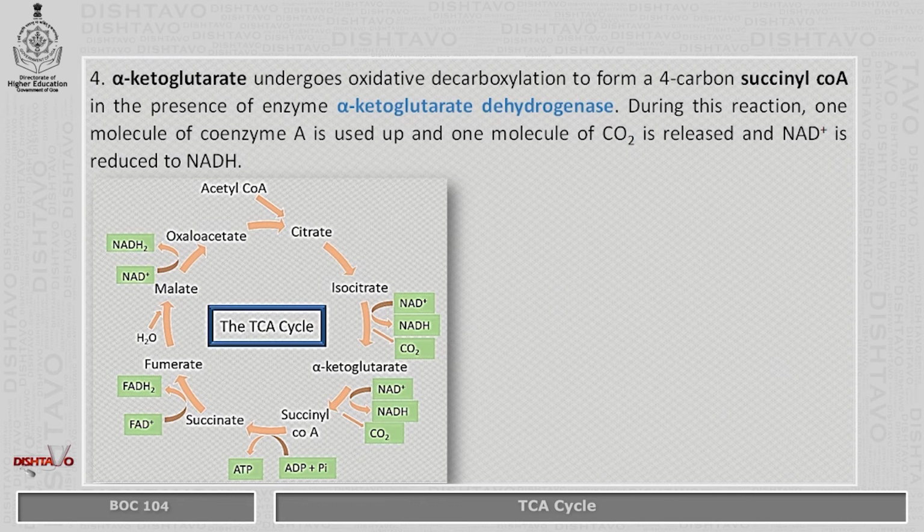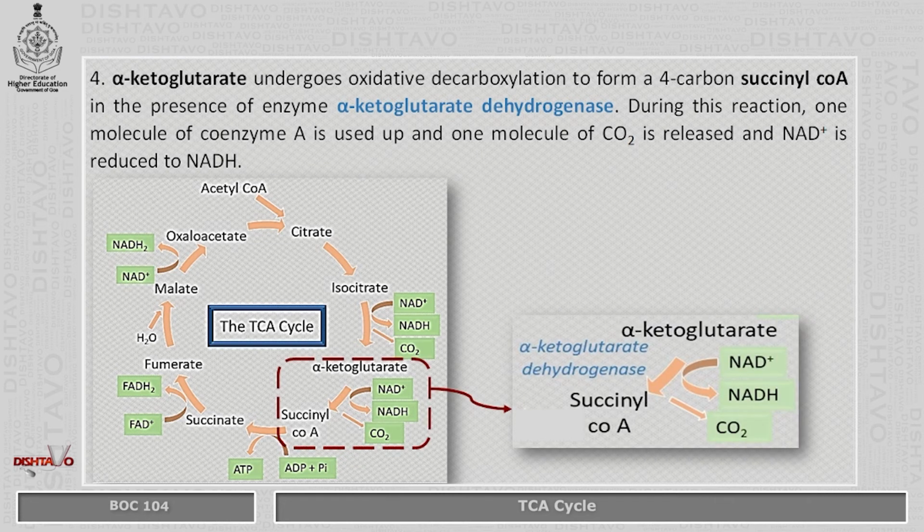Alpha-ketoglutarate undergoes oxidative decarboxylation to form a 4-carbon succinyl-CoA in the presence of the enzyme alpha-ketoglutarate dehydrogenase. During this reaction, 1 molecule of coenzyme A is used up and 1 molecule of carbon dioxide is released. In addition, NAD+ is reduced to NADH.